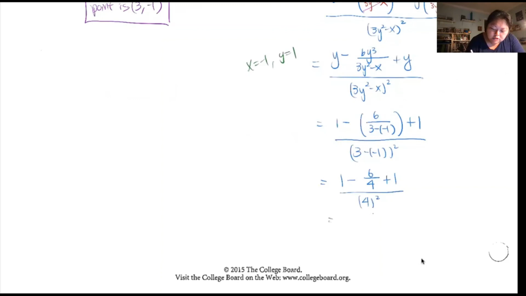So that gives me 2 minus 3 over 2, over 16, right? So 2 minus 3 over 2, that's 2 minus 1.5. So I have 1/2 over 16. When you have two denominators together like that, you can go ahead and multiply them together. So it's 1 over 32. And that would be the value of my second derivative at that point. Okay, that's it, guys.